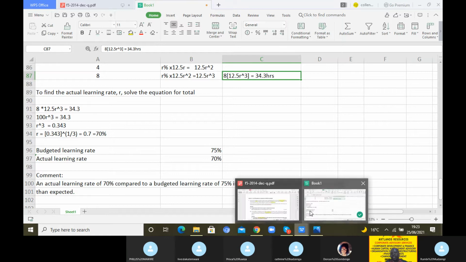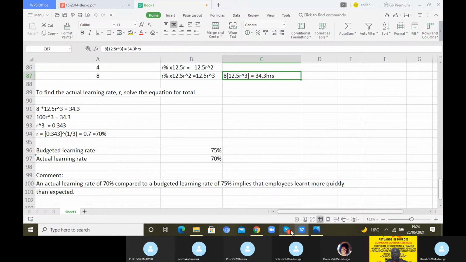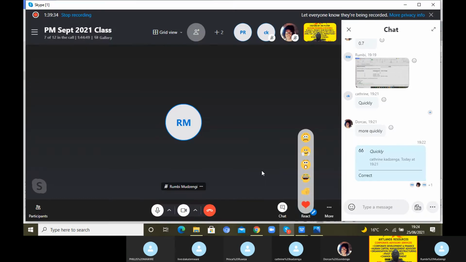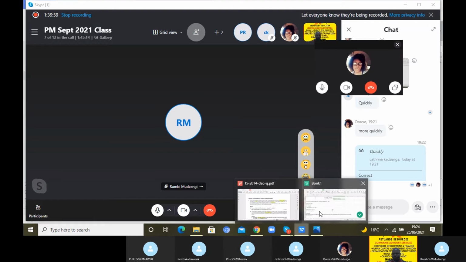If we say employees learned more quickly than budgeted, it equally means labor time is now going to be less than budgeted. By implication, labor time is going to be less than what we had budgeted. You get that?